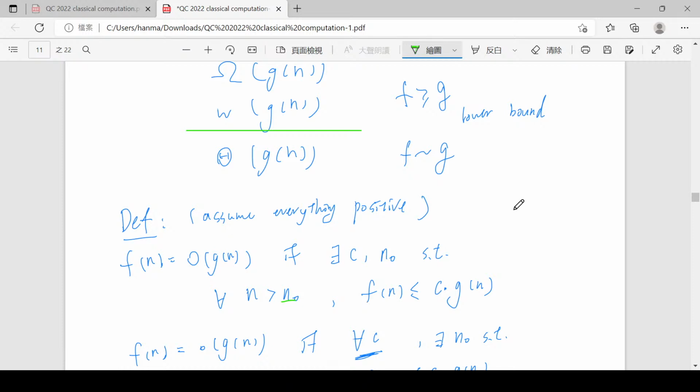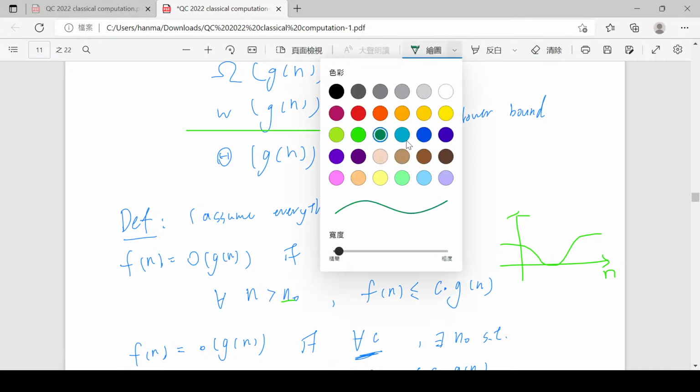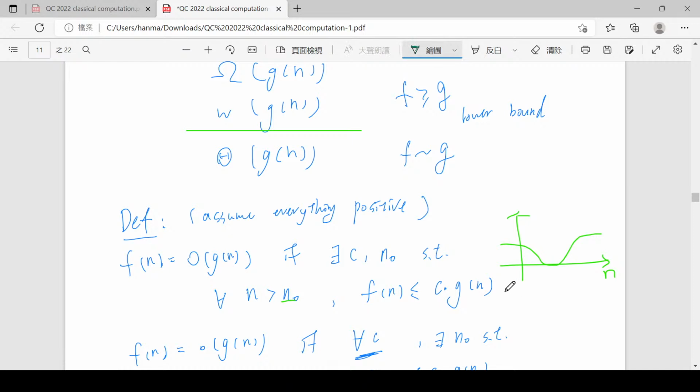So let's draw a picture. So this scaling axis is n. So maybe your f of n looks like this thing, and your g of n looks like, let's change the color, how about this, your g of n looks like this thing.